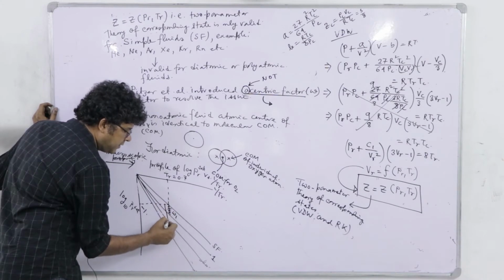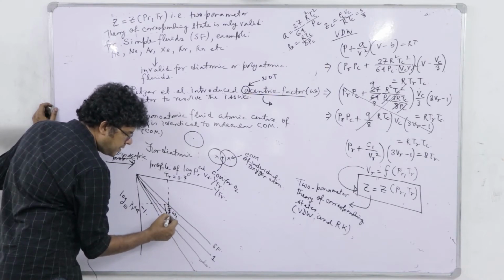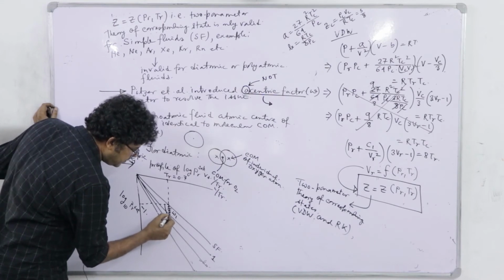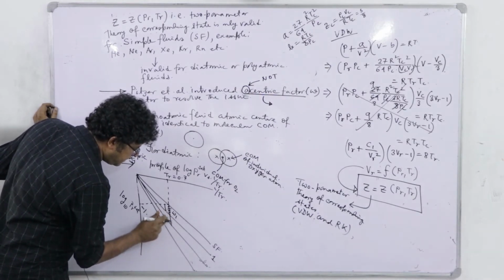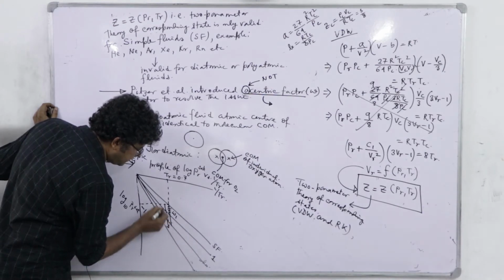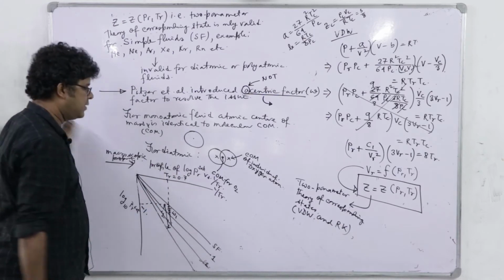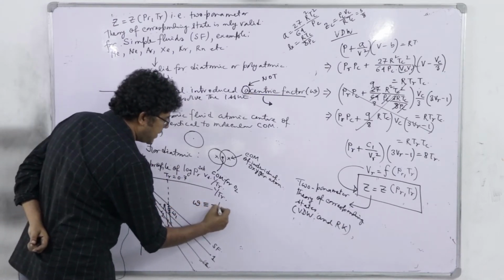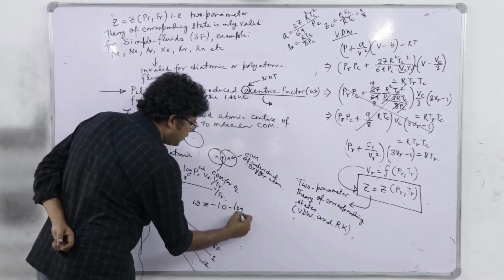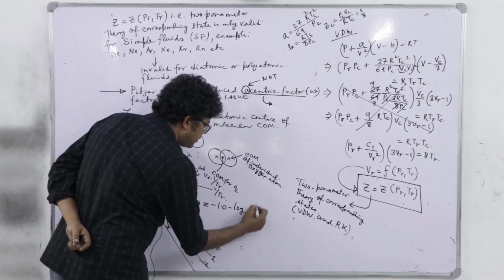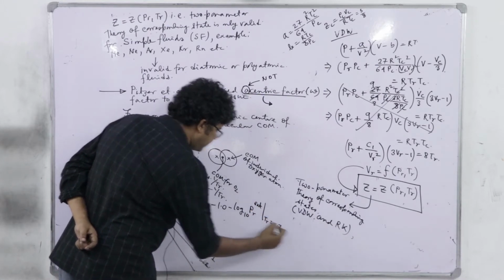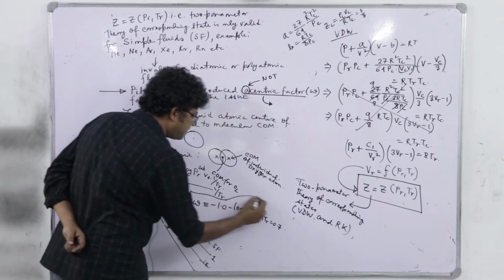This becomes the eccentric factor for 2, and so on and so forth. So, they defined the eccentric factor as -1 minus log to the base 10 of Pr sat at Tr equal to 0.7. So, that was the definition.